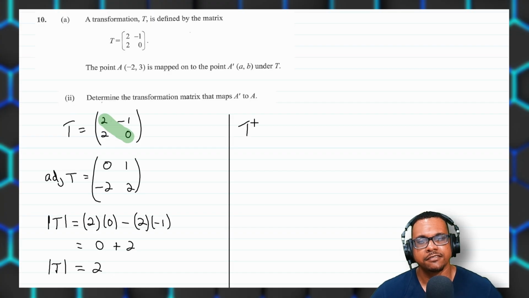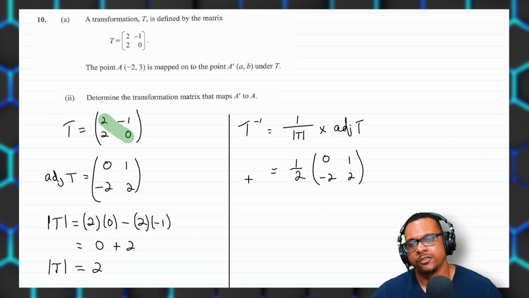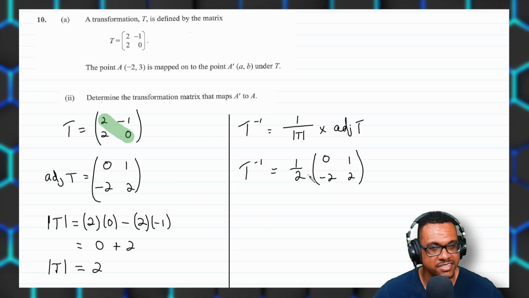So now T inverse would be 1 over the determinant of T multiplied by the adjoint of T. That's how you get an inverse. So 1 over the determinant of T is 1 over 2 times the adjoint, which is [0, 1; -2, 2]. Normally I would leave the inverse like this, but because we want the transformation matrix, I'll go and multiply this out. A half by 0 is just 0.